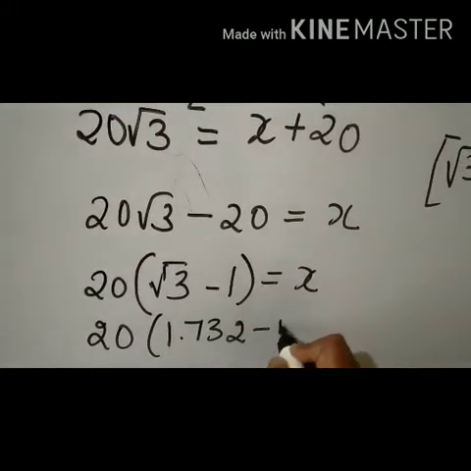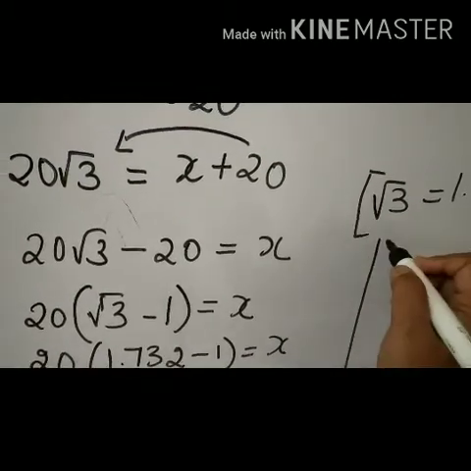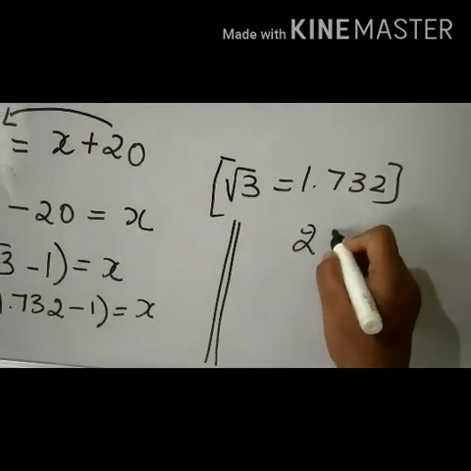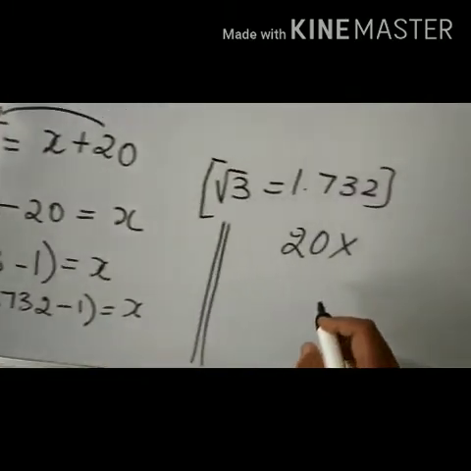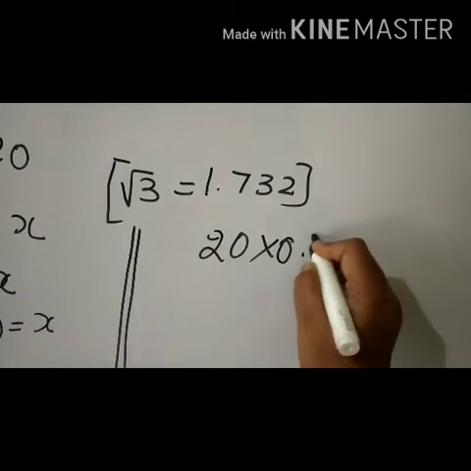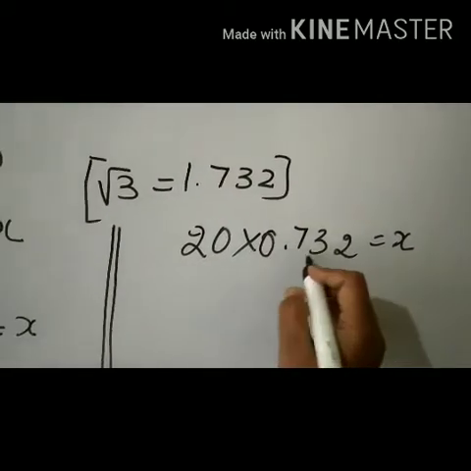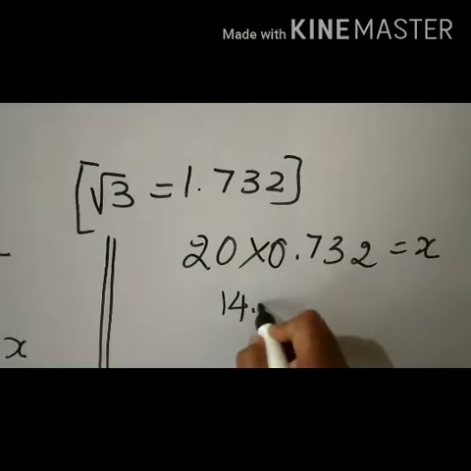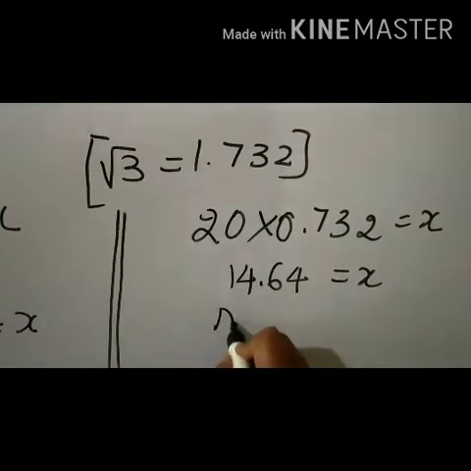So here we can substitute the value of root 3, that is 1.732 minus 1 is equal to x. So using this, now we get 20 into 1.732 minus 1 is 0.732 is equal to x. When we multiply 20 to 0.732, we get 14.64 is equal to x. x is nothing but AB.